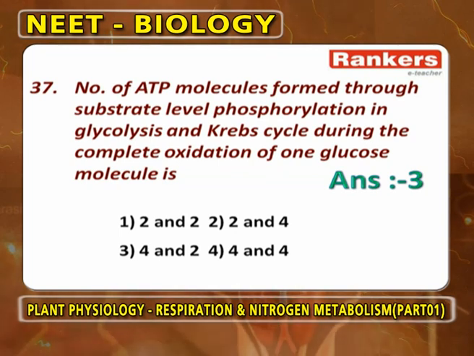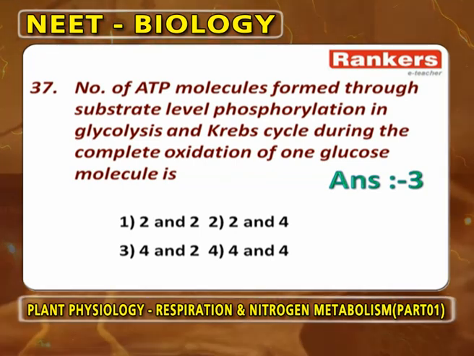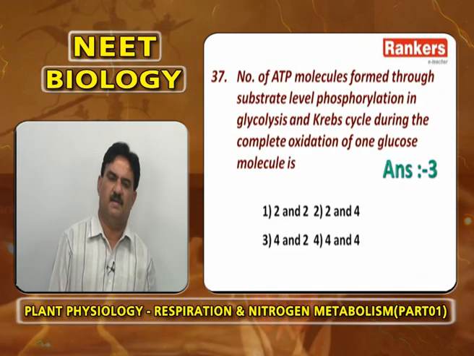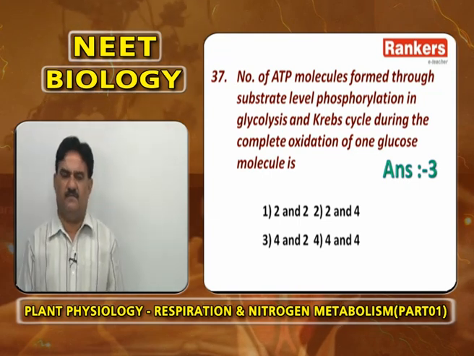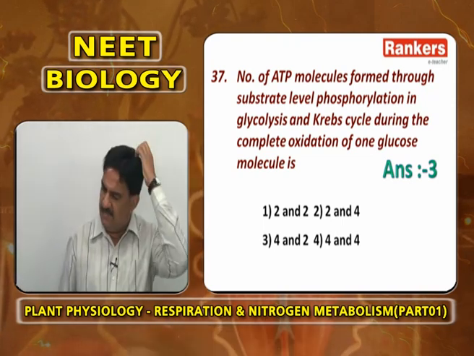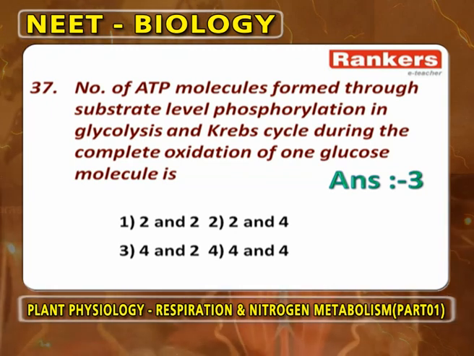Number of ATP molecules formed through substrate level phosphorylation in glycolysis and Krebs cycle during the complete oxidation of one glucose molecule. In glycolysis, when 2 molecules of 1,3-diphosphoglyceric acid become 2 molecules of 3-phosphoglyceric acid, 2 ATP. When 2 molecules of phosphoenol pyruvic acid convert into pyruvic acid by pyruvate kinase, 2 ATP.